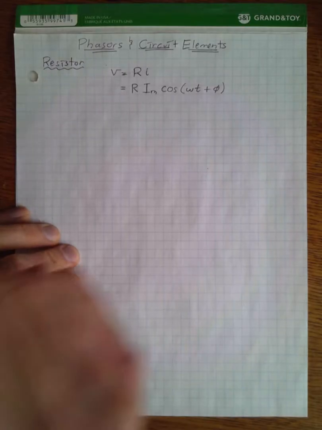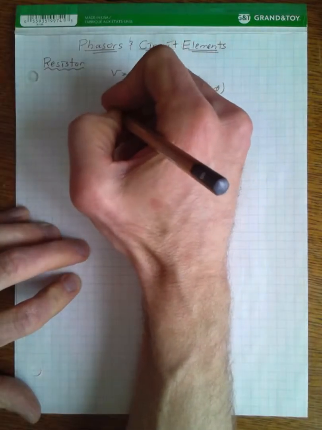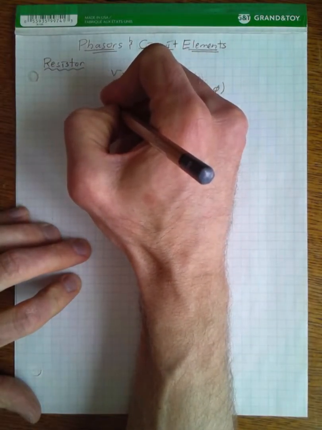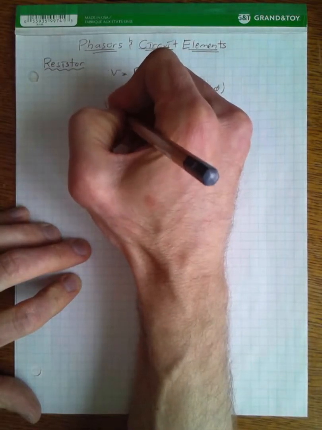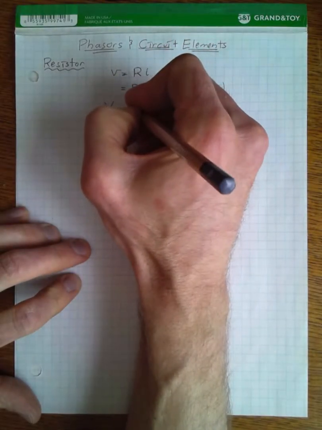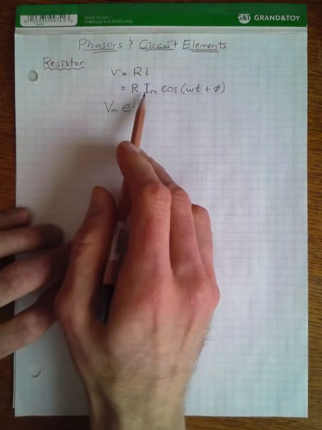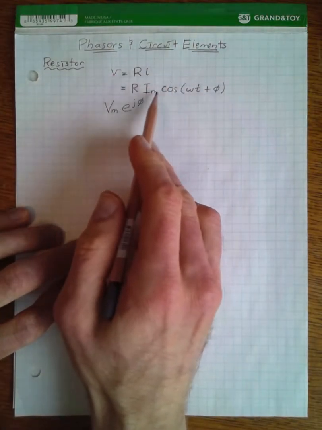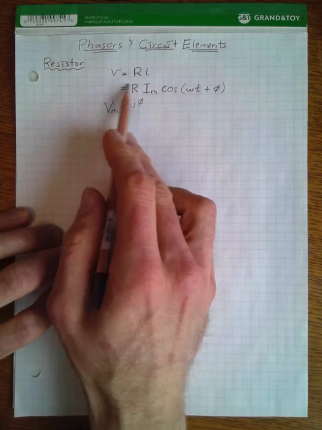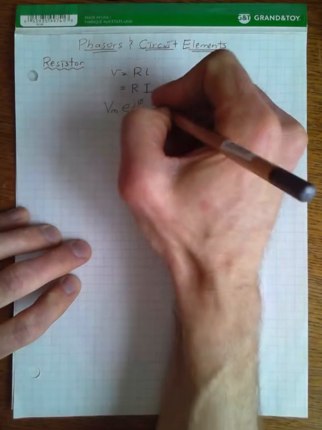And so we can represent the voltage and the current using phasors, and I'll write them using the complex exponential notation. So we've got some voltage with some amplitude Vm, e to the j phi. So the phase angle of the voltage and the current are going to be the same because R is just a real number and it doesn't affect the phase. It only affects the amplitude.